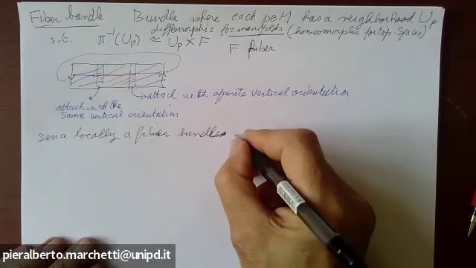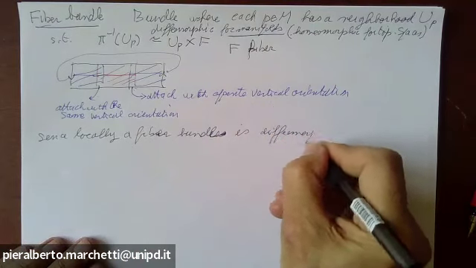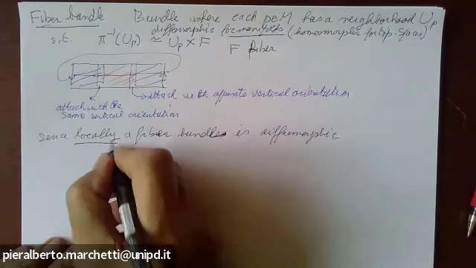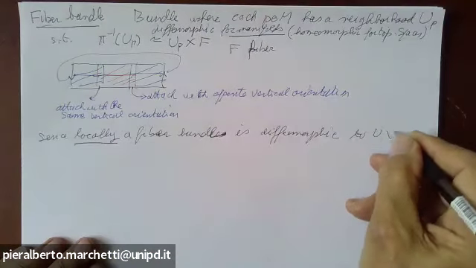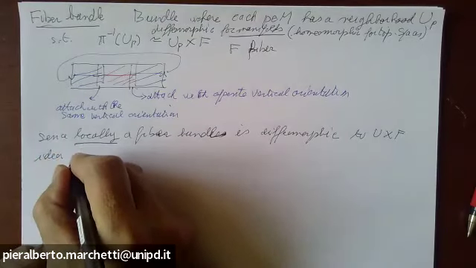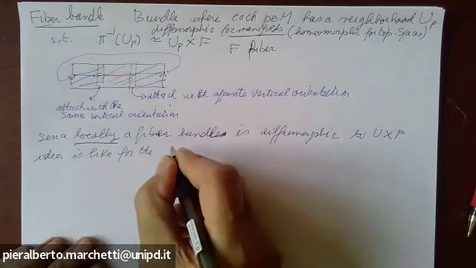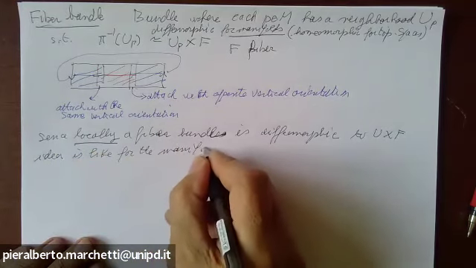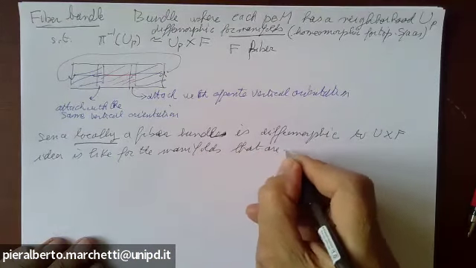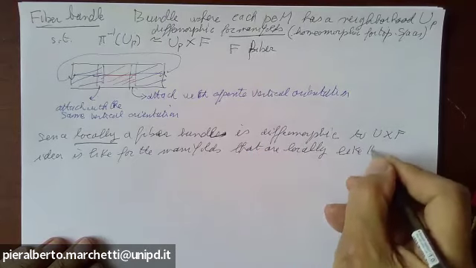So the bundle is diffeomorphic locally to some U cross F. The idea is the same as for manifolds, which are locally like some R^m.